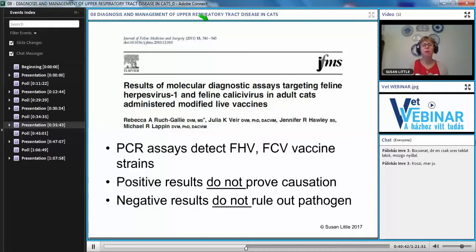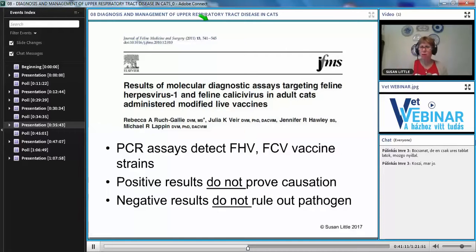So you can't always be sure that a positive test result is picking up a true field strain from a natural infection, or whether they are picking up the strains that are in vaccines that the patient may have been given recently. So unfortunately, it means a positive test result does not mean it is actually the cause of your patient's clinical signs, and a negative result on these assays also doesn't rule out the pathogen.